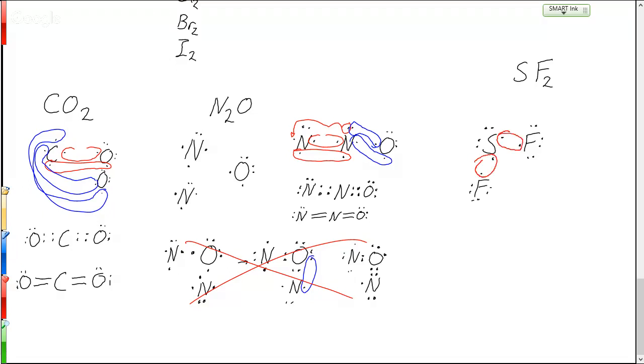Pair these up, pair those up, and we've got them all connecting. All right, so you can practice that as you go through the homework.